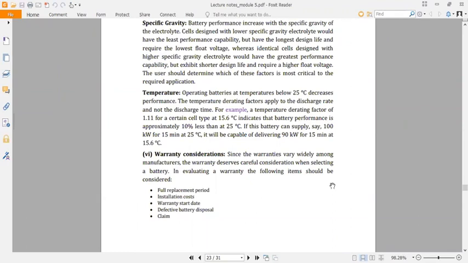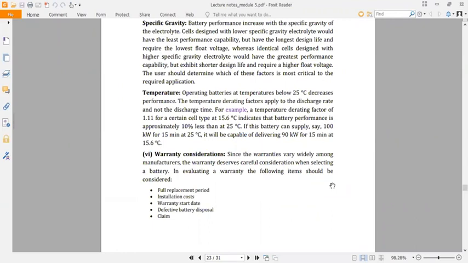If we have a 24 months warranty, then after 2 years the performance will not be equal to what we had at the initial stage. With a 36 month warranty, the performance after 24 months will be better than the battery which has a 24 months warranty.